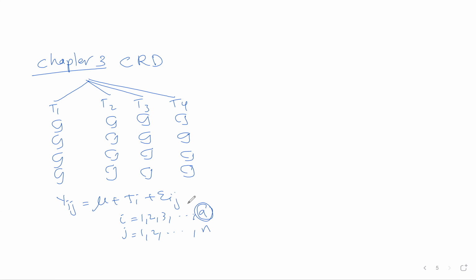So what about the assumptions for the one-way ANOVA or the completely randomized design? There are 3 assumptions: normality, constant variance, and the last one is independence.